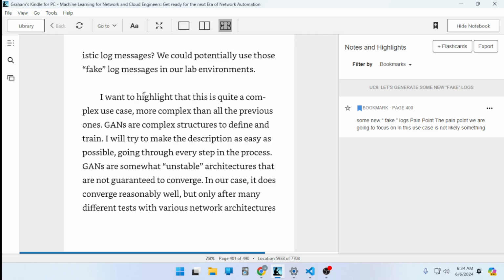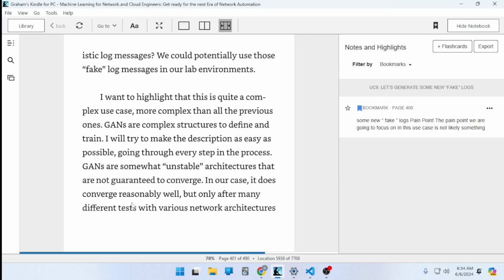I want to highlight that this is quite a complex use case, more complex than all the previous ones. GANs are complex structures to define and train. I will try to make the description as easy as possible, going through every step in the process. GANs are somewhat unstable architectures that are not guaranteed to converge.